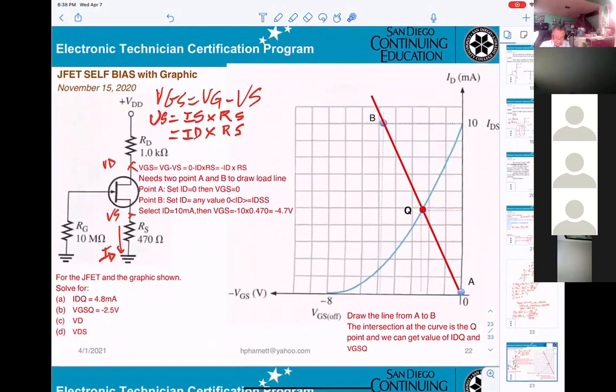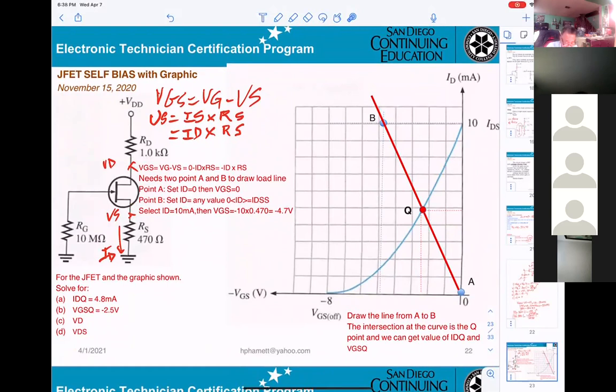Yes. Now, how can we do this one? First thing, you need to draw the line. Wherever it cuts the curve gives you ID here and VGS here, in order to draw the line.